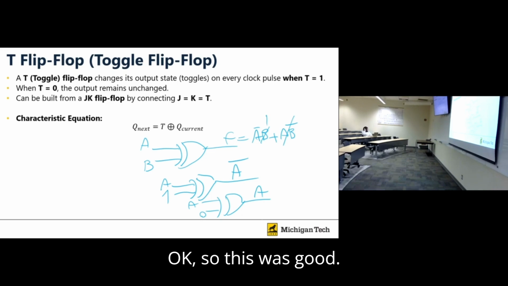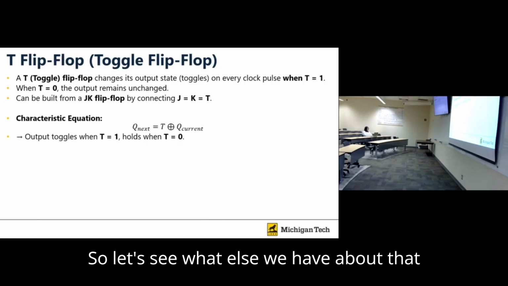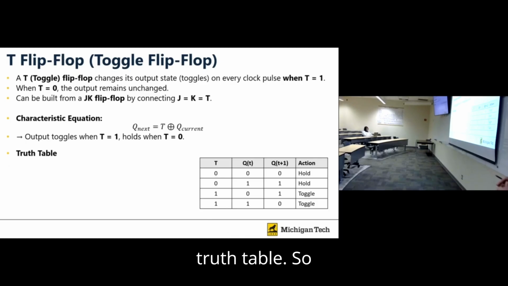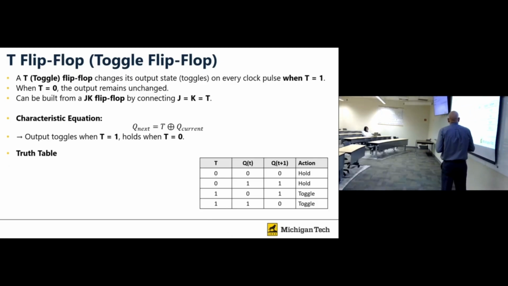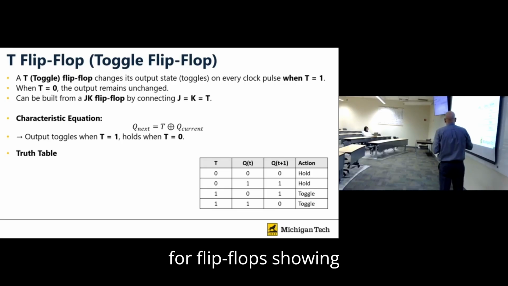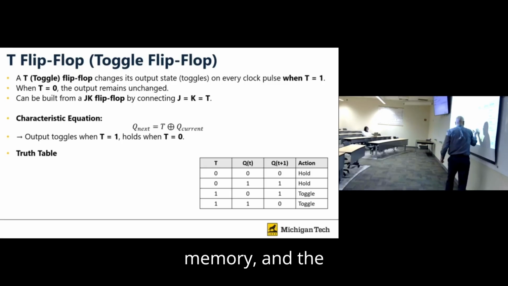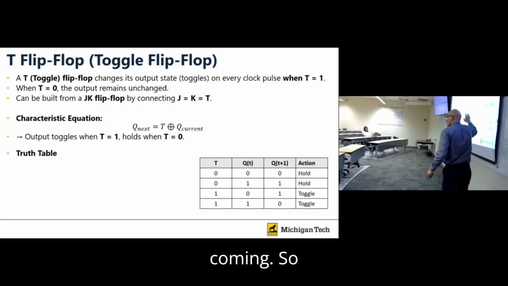Okay, so this was good. Let's see what else we have about that. Output toggle, oh, this is the truth table. The truth table for a flip-flop shows the input, memory, and the next state of memory when those inputs come.